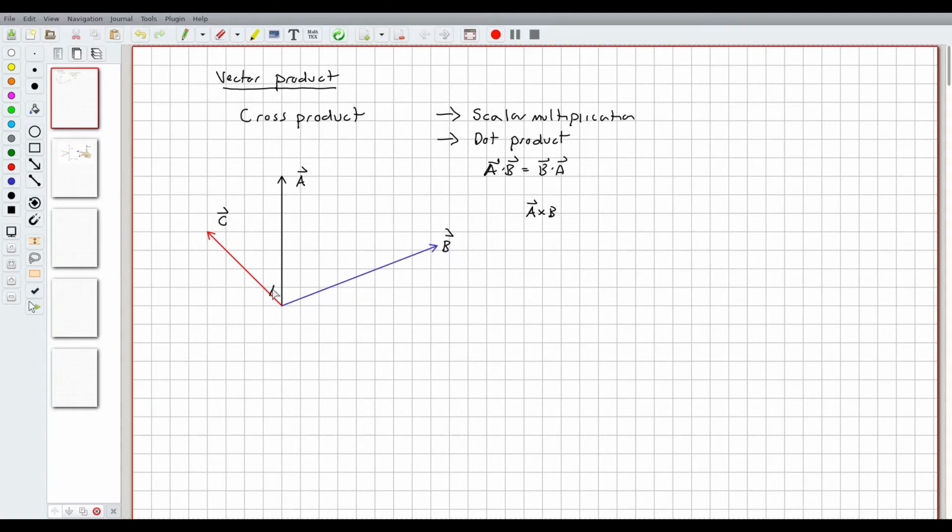It is at right angles to A and also at right angles to B.